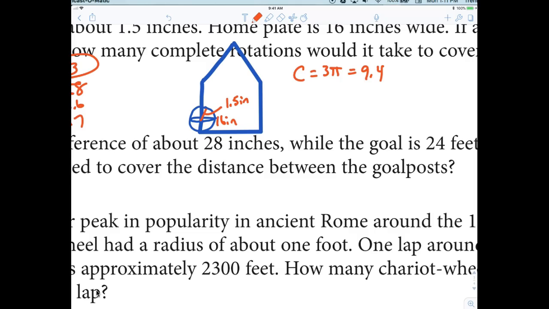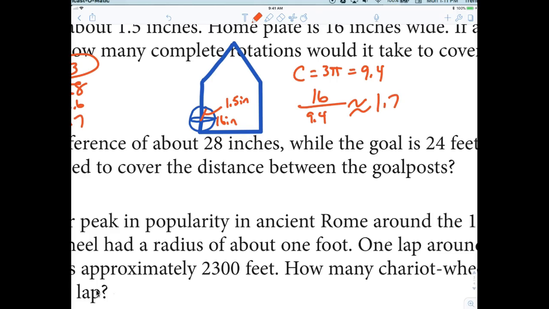How many times is that going to roll across? 1.7. You should be able to look at it and say, I know it's somewhere between 1 and 2. Now, because we don't know, we're taking the total distance, which is 16 inches across, and we're going to divide it by the circumference of the ball, which was 9.4, and now you're going to tell me that's what?